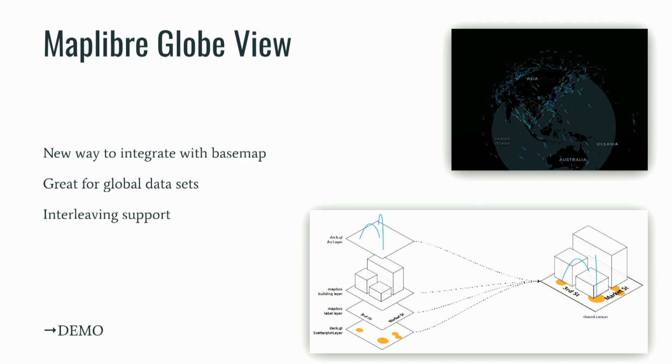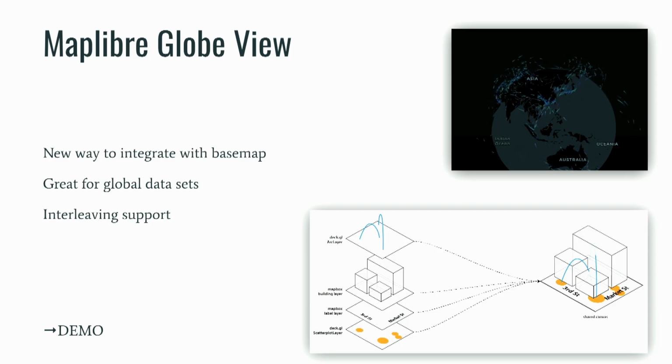The really nice thing that we have here is a particular type of support for what we call interleaving, where the layers that we're drawing into the context of maplibre are actually inside the same 3D space that maplibre has.